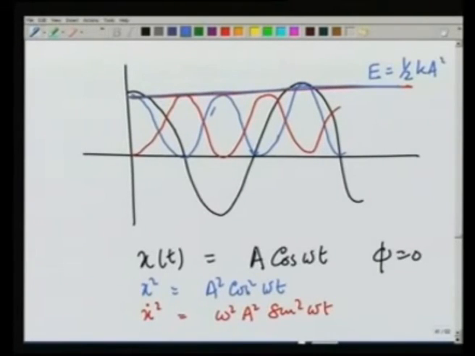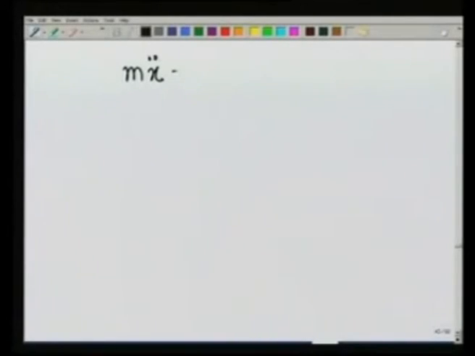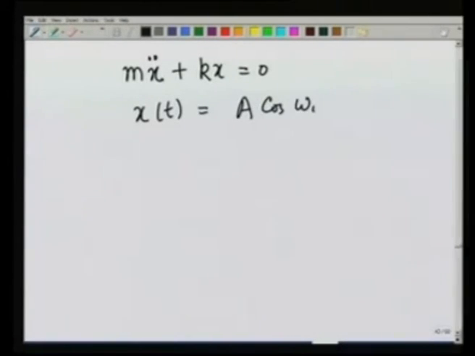So let me now sum up this introductory lecture on the harmonic oscillator. In general, about a stable equilibrium point, I would have, for small displacement about that point, an equation of motion like this. So the motion is simple harmonic, which is given like cosine of omega naught t plus phi.